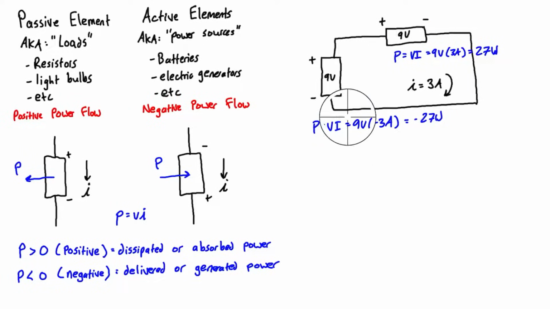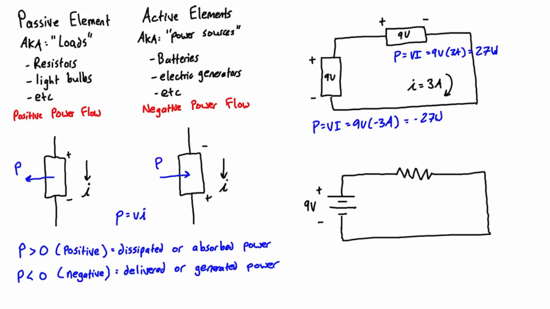So really what we have here is a power source and a load, and in this case, we could represent this circuit as, let's say, a 9-volt battery, and then a resistor that's dropping by 9 volts across it. And so if we just have the same current of 3 amps going clockwise, then we could also just determine what the resistance is of the resistor with Ohm's law, which is just V equals IR.